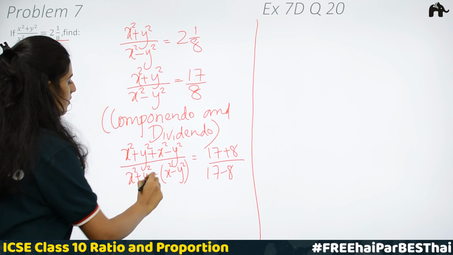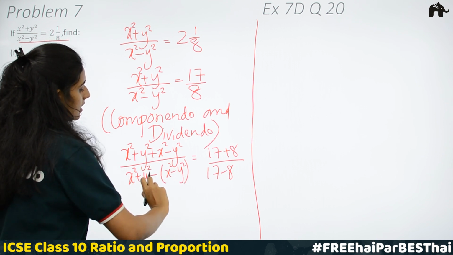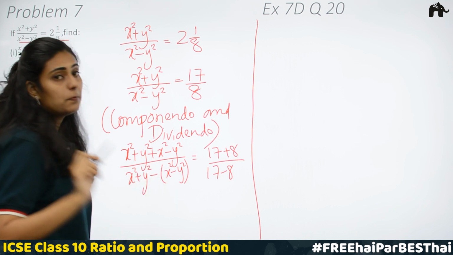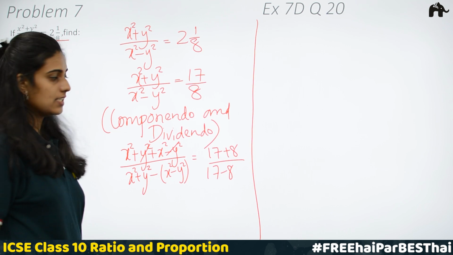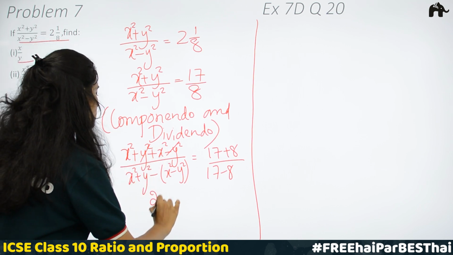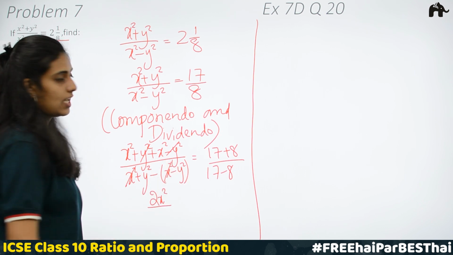Now, when you remove this brackets, we will be getting minus x square and plus y square. Now, this y square and minus y square can be cancelled. Then you will be having 2x square divided by this x square and minus x square can be cancelled.